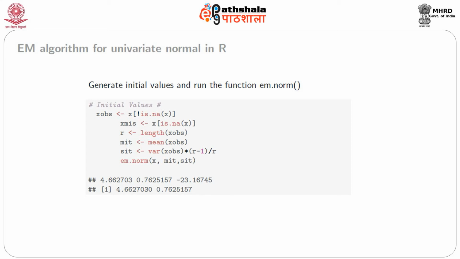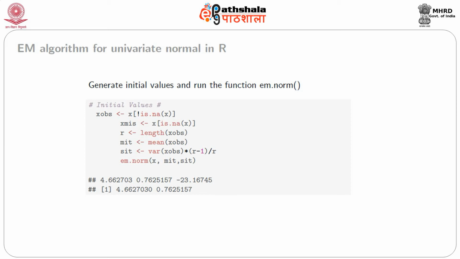So my initial value of the mean comes out to be 4.662 and the variance comes out to be 0.7625157. Note that these initial values are nothing but the observed sample mean and the observed sample variance.